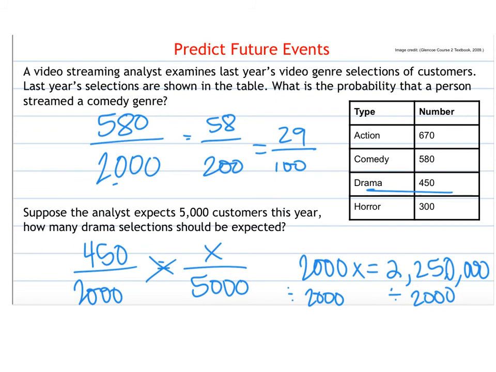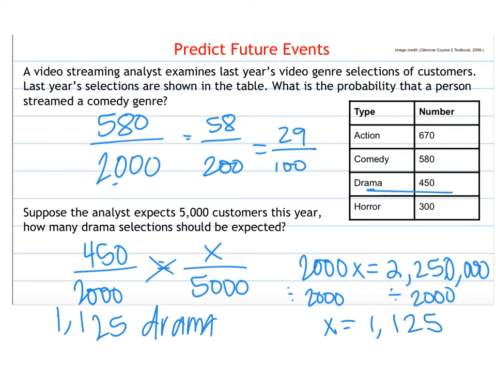I have to double check that. My division was off there for a second, so x equals 1,125. So that means that they should expect that many drama selections. So if they're asking you to figure out for the future, you can just set up a proportion for however many they're asking about and solve it that way.